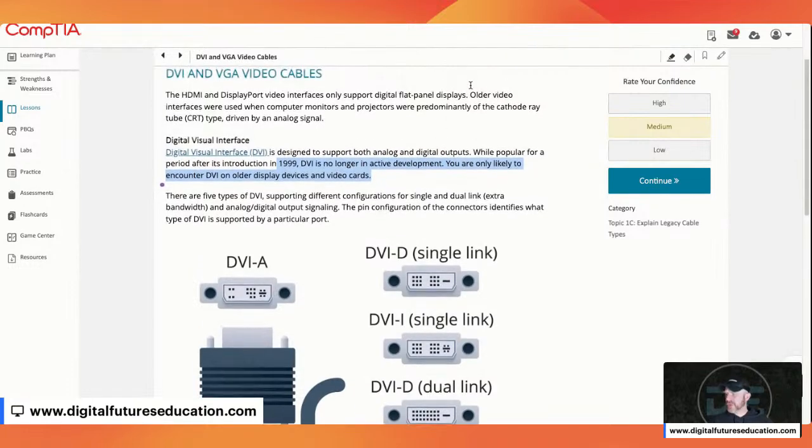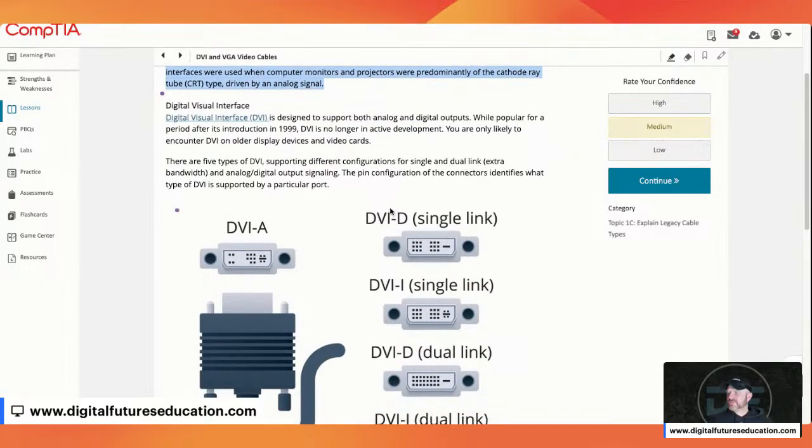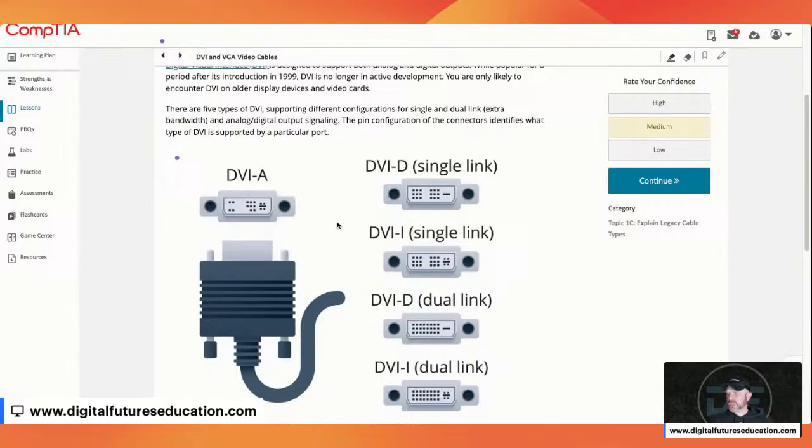Also remember that with DVI and VGA video cables, these older interfaces were used when computer monitors and projectors were predominantly of the cathode ray tube, CRT, type, driven by an analog signal. There are 5 types of DVI supporting configurations for single and dual link extra bandwidth and analog or digital output signaling.